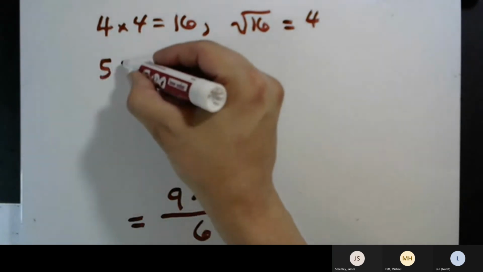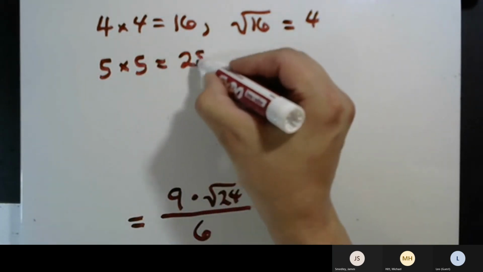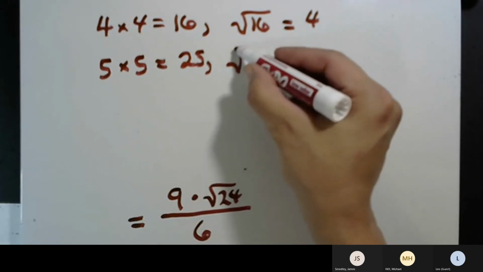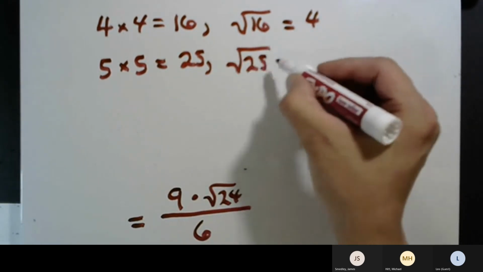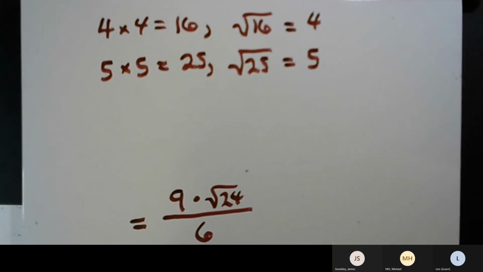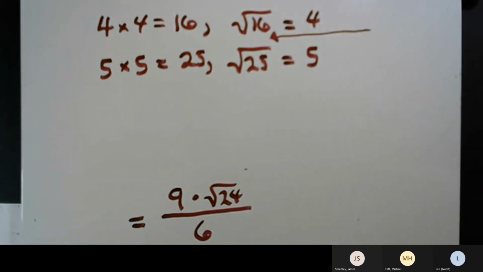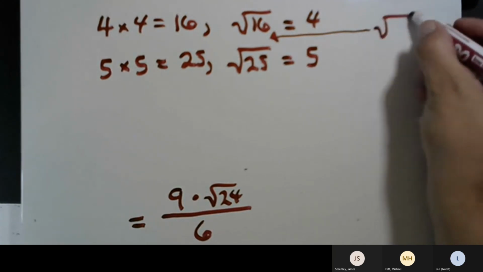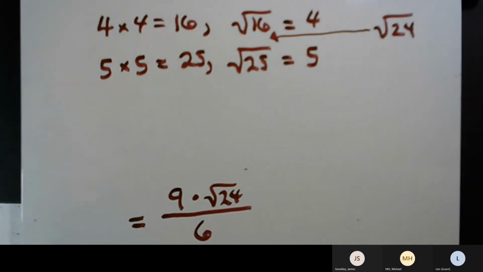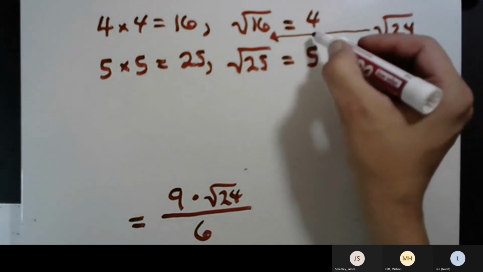And then 5 times 5 is 25, the square root of 25 is 5. So 24 is somewhere in the middle here. So the square root of 24 is going to be between 4 and 5.